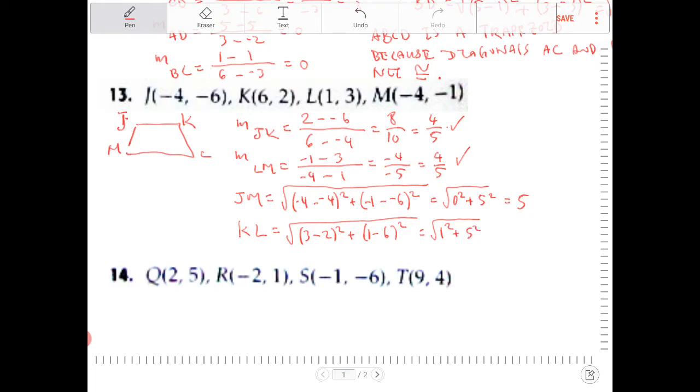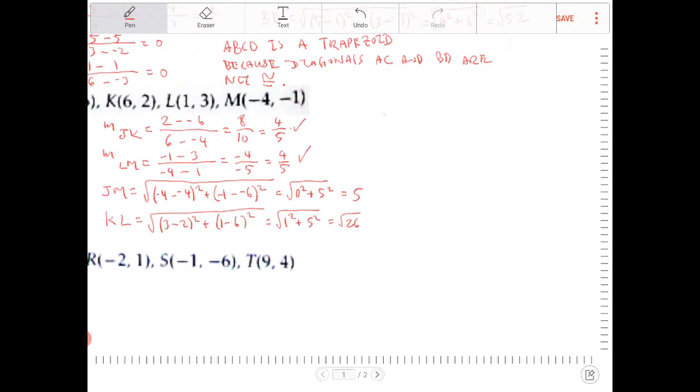And that is going to be the square root of 26. So JKLM is not isosceles then. JKLM is just a trapezoid, but not isosceles.